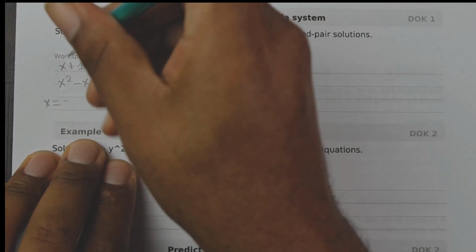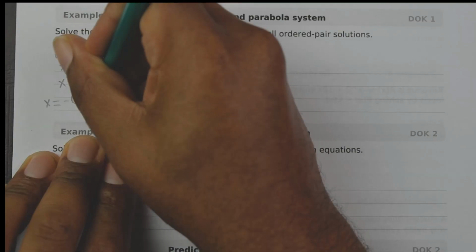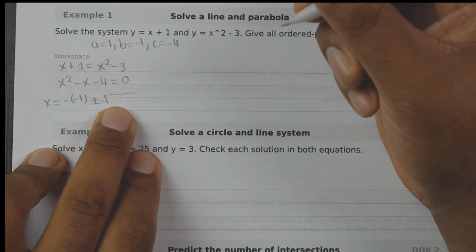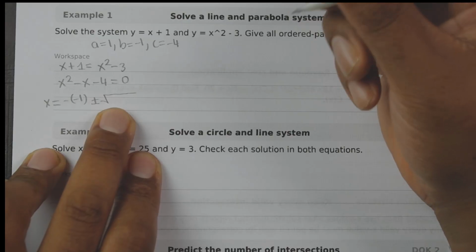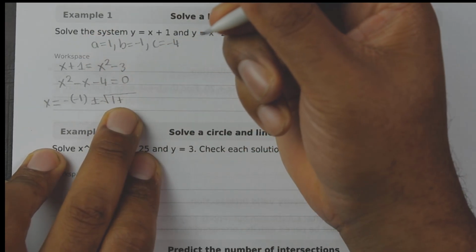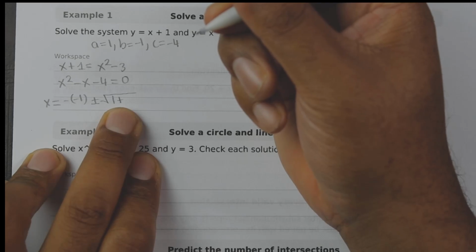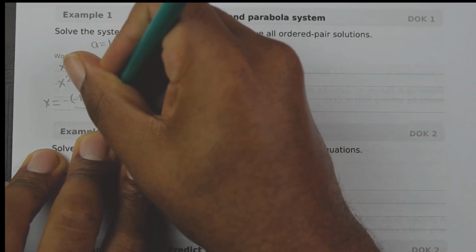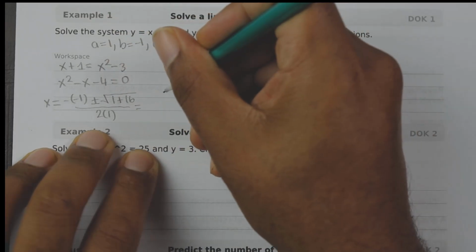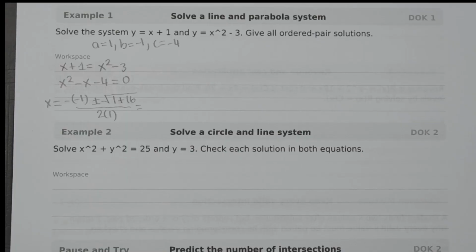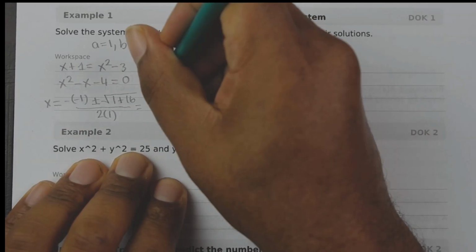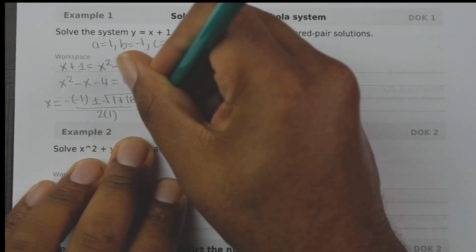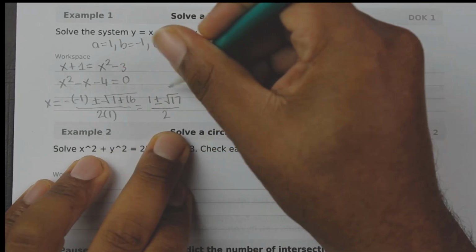So that's going to give me negative negative 1 plus or minus the square root of negative 1 squared, or 1, and then plus 16, divided by 2 times 1. Okay. So that essentially gives me 1 plus or minus root 17 over 2.